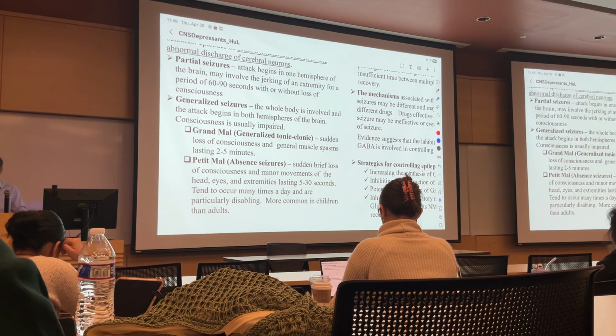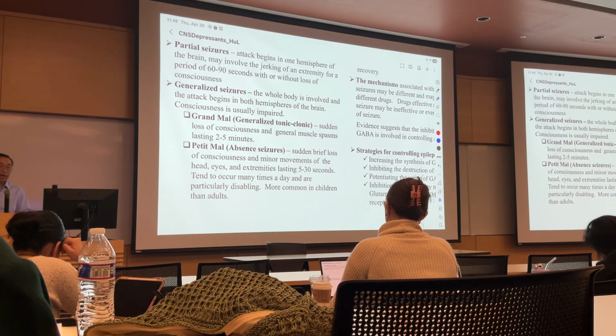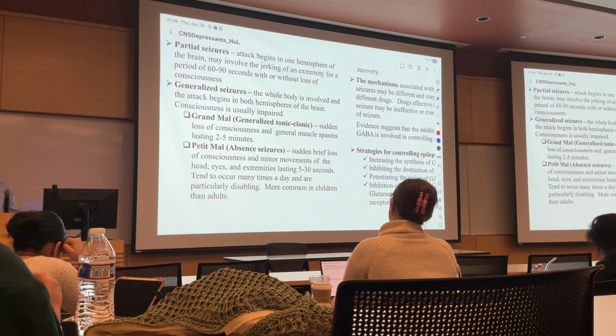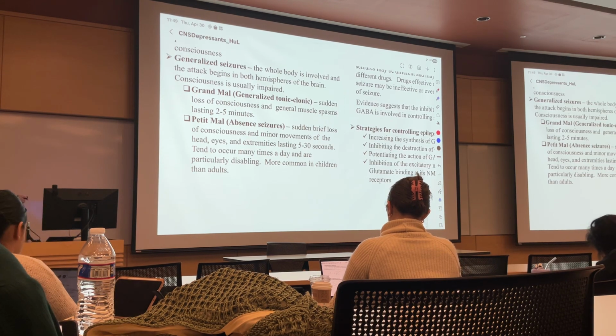And then you have generalized seizures. That means the whole body is involved, and the seizures originate from both sides of the central nervous system, both hemispheres of the brain. Usually consciousness is impaired in generalized seizures. So you have two types.